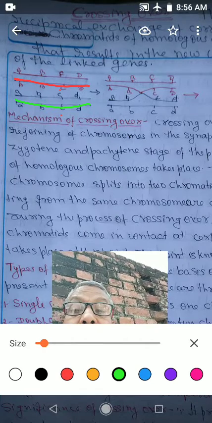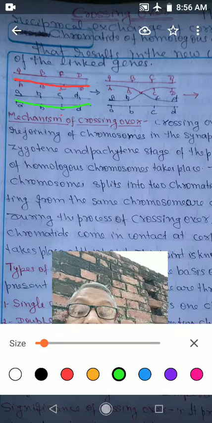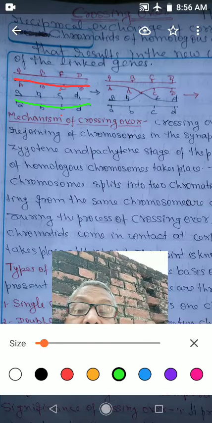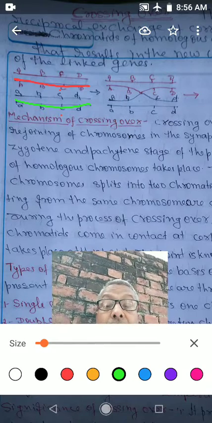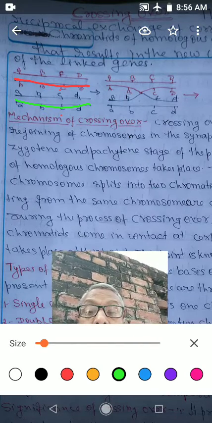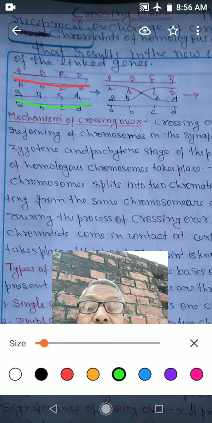And this capital A, B, C, D are the genes present on the male parent. Small a, B, C, D genes are present on the female parent.